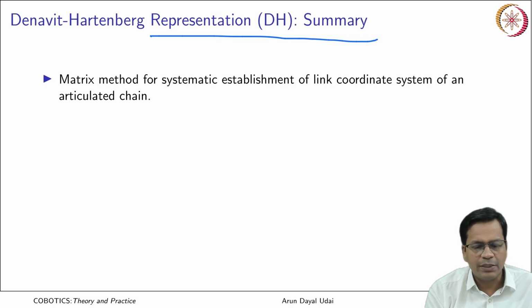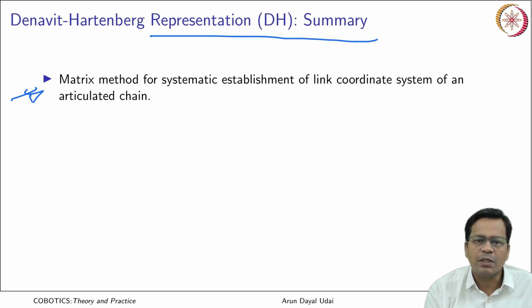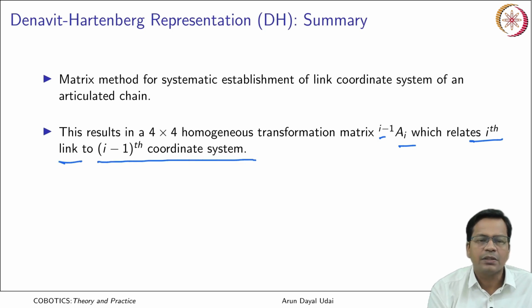So, let us summarize the Denavit-Hartenberg representation here. It is a matrix method for systematic establishment of a link coordinate system of an articulated chain. Okay, this results in a 4 cross 4 homogeneous transformation matrix A_{i-1,i} that relates the ith link to the (i-1)th coordinate system.